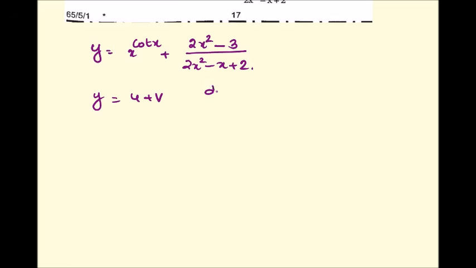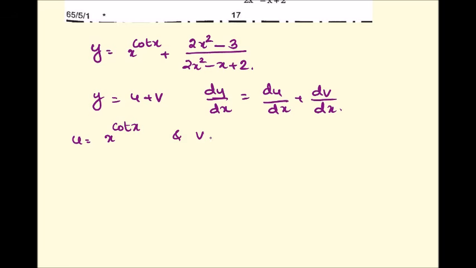We know that dy by dx is equal to du by dx plus dv by dx. Here u is equal to x to the power cot x and v is equal to 2x square minus 3 divided by 2x square minus x plus 2.